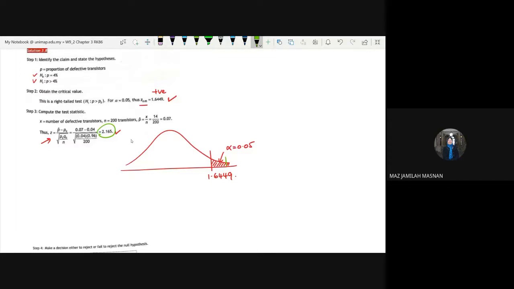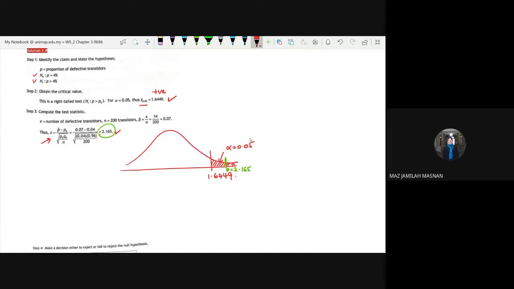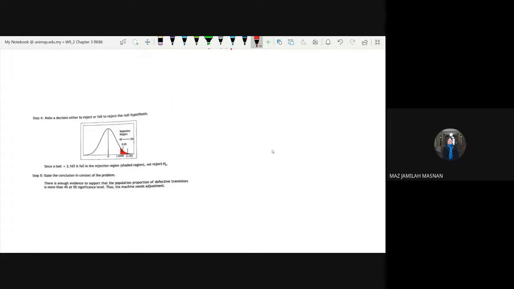So let's say I put it here. This is your Z equal to 2.165, which is in the rejection region. That's why it falls in the rejection region, so we reject the null hypothesis. What is your null hypothesis? P is equal to 4%. Reject.